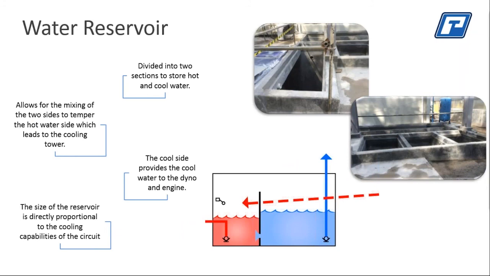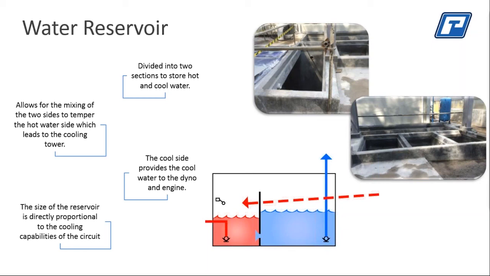Water reservoir. A water reservoir is basically, typically, a storage container that is mounted below grade. The reason it's mounted below grade is because typically all of the major components, the dyno and the cooling columns, are gravity drained.